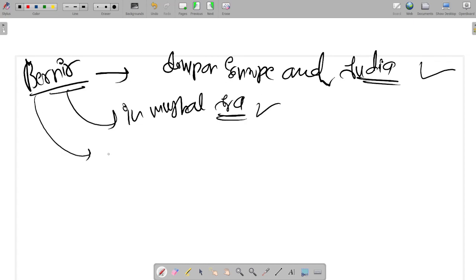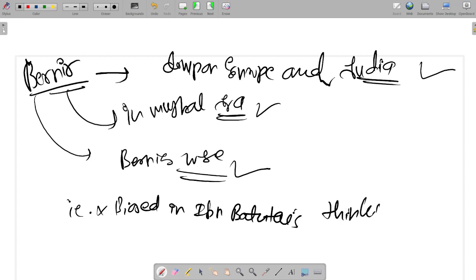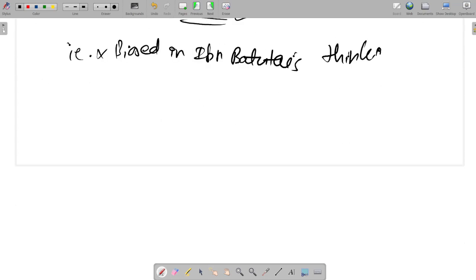The major difference between others and Bernier was that Ibn Battuta compared as it is, that is, no biases in Ibn Battuta's thinking. But at the same time, Francois Bernier compared Europe and the East, and he showed that Europe is superior.